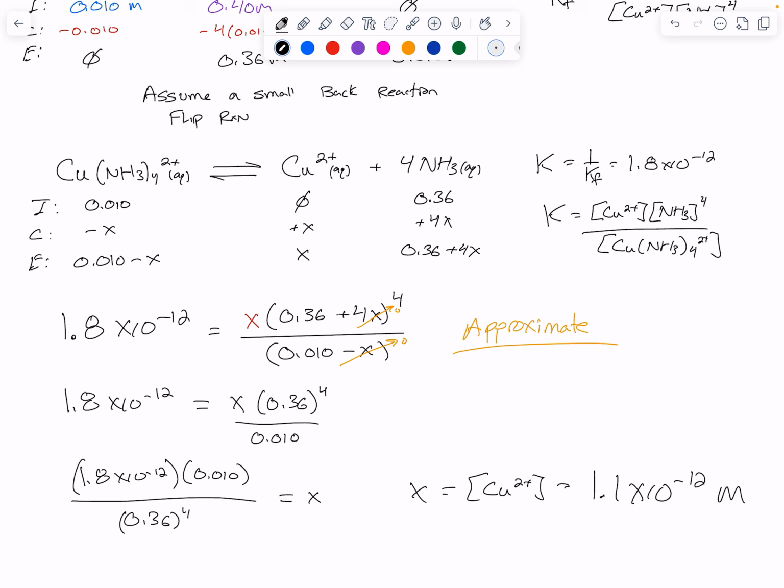So that works. However, if you think about it, it's still a lot of ions in a liter, because if you have 1 liter, you have 1.1 times 10 to the negative 12 moles. That would be like 6.6 times 10 to the 11th.